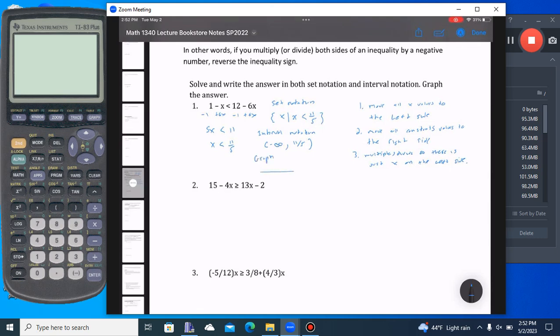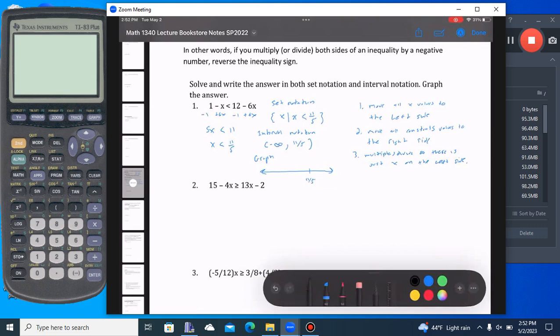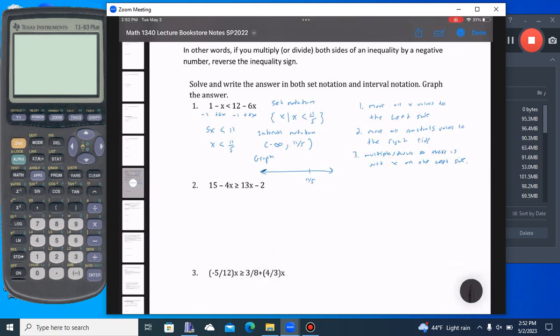We have a number line and we mark 11 over 5. Everything less than that is everything to the left, up to 11 over 5. We use an open circle, or you can use a parenthesis, to indicate that 11 over 5 is not included.